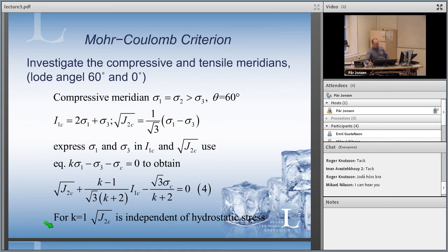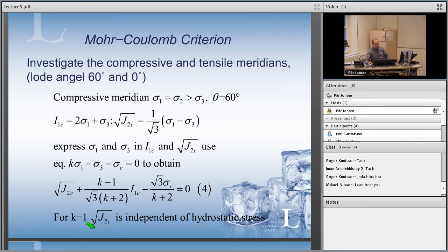So your first invariant in compression, if you have a compressive state, you don't pull the material, you compress it, will be looking like this. And also for the deviatoric second invariant, for the pressure state, you can write like this.